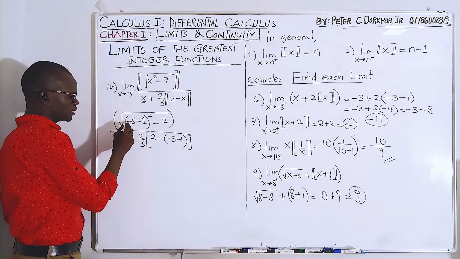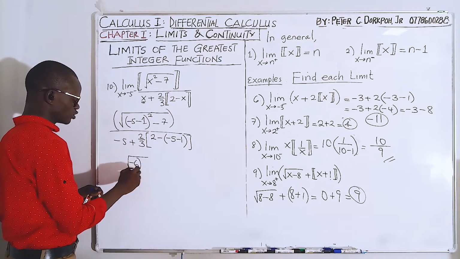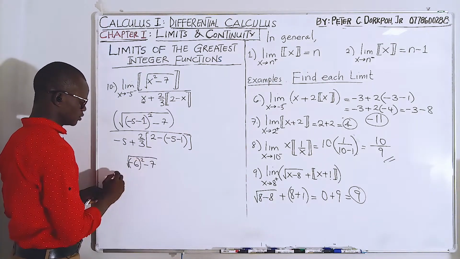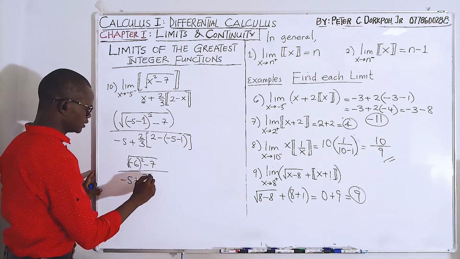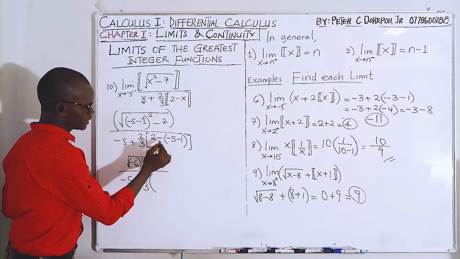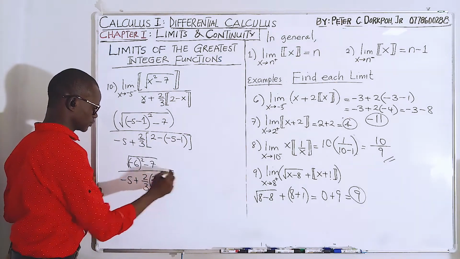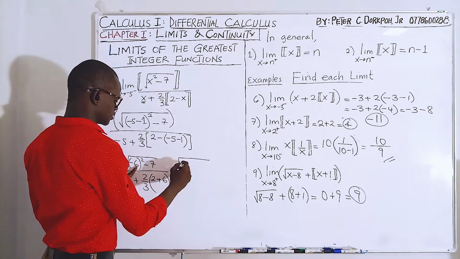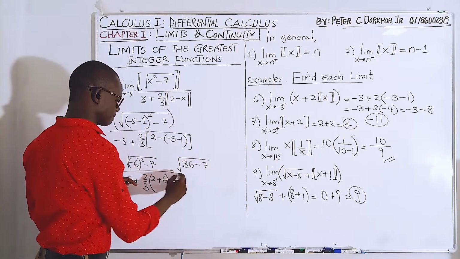In the numerator, minus 5 minus 1 is minus 6. So it's minus 6 all squared minus 7. Then you have minus 5 plus 2 over 3 times, now minus 5 minus 1 is minus 6. Negative times negative is positive, so it's 2 plus 6. Now negative 6 times negative 6 is positive 36. 36 minus 7.